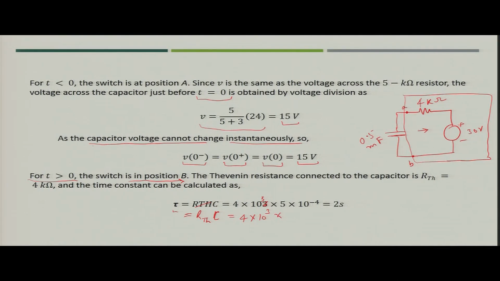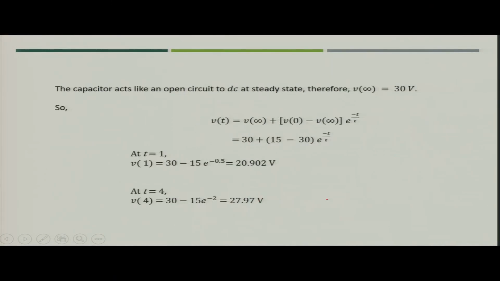Then you need the value of the capacitor, because the time constant tau is nothing but the Thevenin resistance R into C. So, RTH you have got, and the value of capacitance C is 0.5 millifarad, that becomes 5 into 10 to the power minus 4 farad. When you simplify, you get the time constant as 2 seconds.